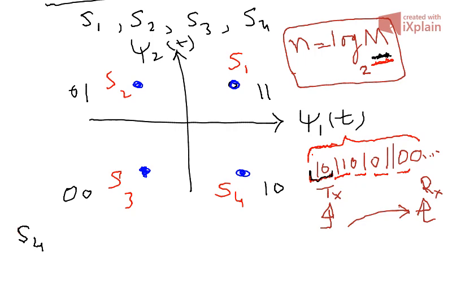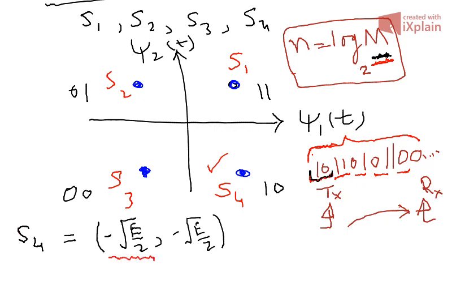Now when you transmit S4, you actually transmit these two coordinates, minus root E over 2 and minus root E over 2. These are the coordinates of the symbol S4 in the signal constellation, and we can read them from the signal constellation diagram. The first coefficient will be transmitted over psi 1, which is cos of 2 pi fct, and the other one over psi 2, which is sine of 2 pi fct.